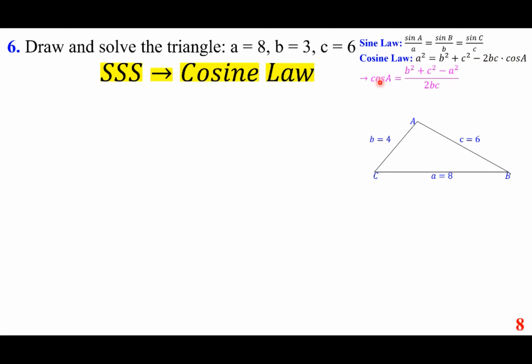And with that, we can find cosine A by moving this piece to the right, a squared to the right, this minus 2bc cosine A to the left, and then divide by 2bc. So this is what we have, and we're going to use that formula because we want to find capital A. So b squared plus c squared minus a squared, just plug in.